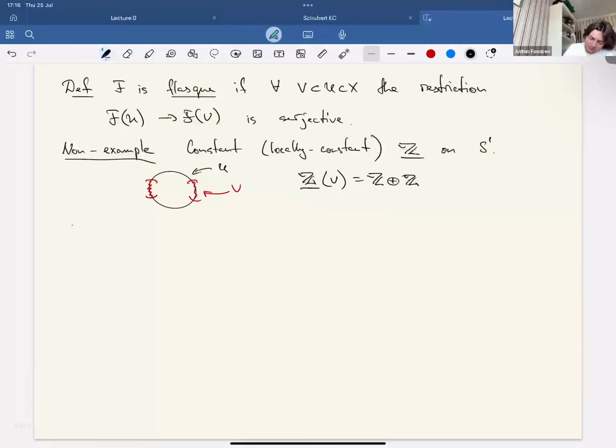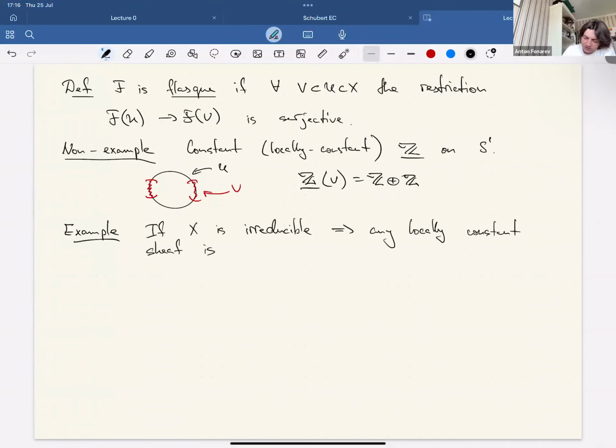So an example now, though, if X is an irreducible topological space, then any locally constant sheaf is flask.